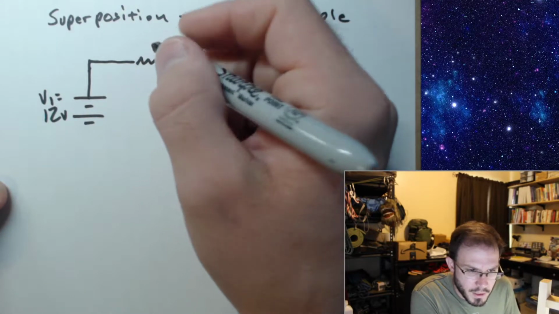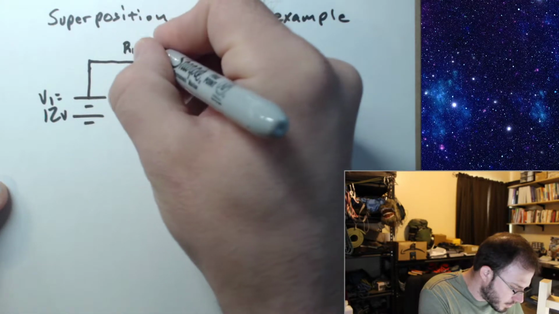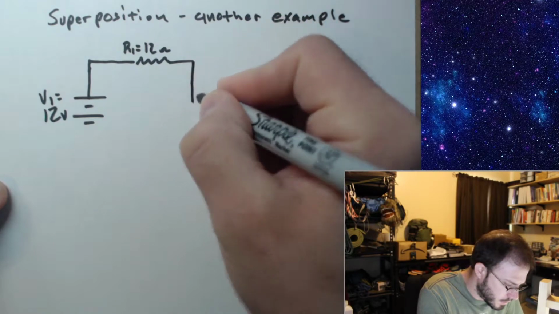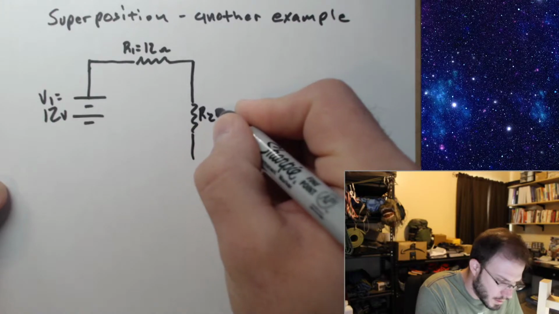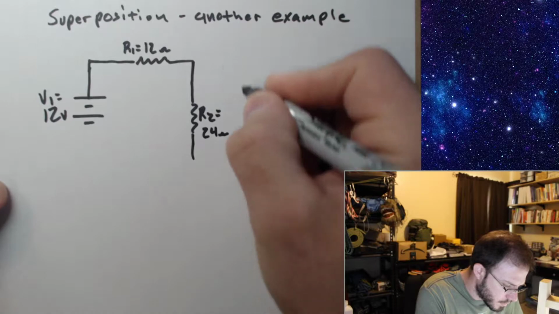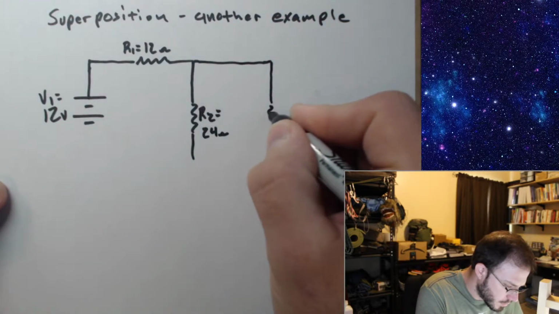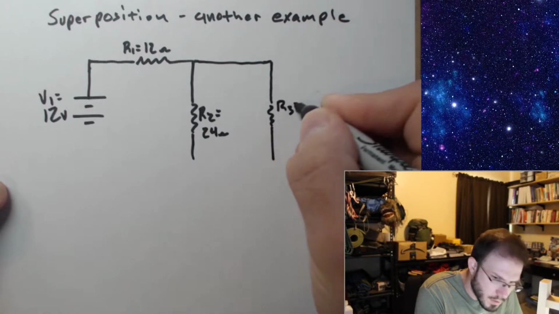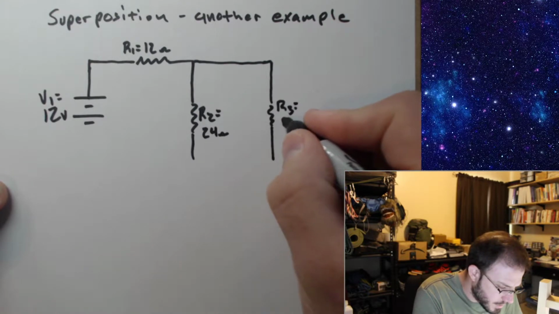We'll have an R1 that's equal to 12 ohms, an R2 that's equal to 24 ohms, an R3 that's equal to 8 ohms.